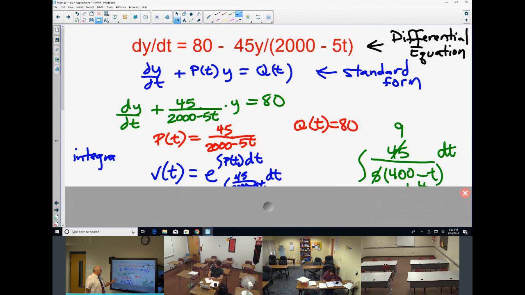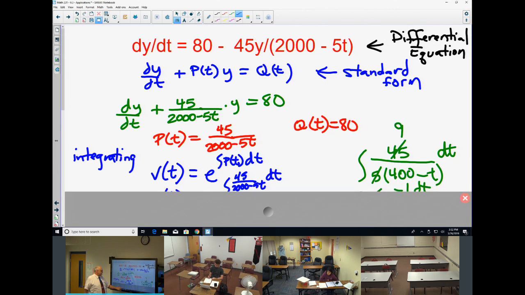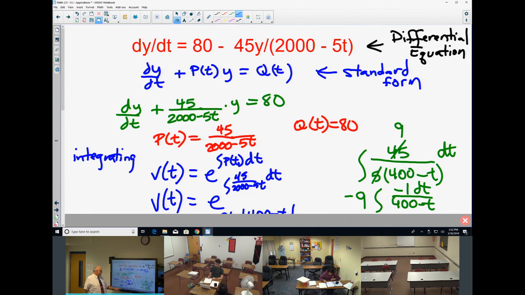So the integrating factor is e raised to the integral of p of t dt. So here's the p of t. That's a pretty complicated integral there. V of t equals e raised to the integral of 45 over 2000 minus 5t.